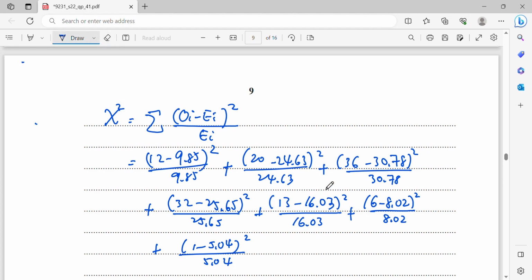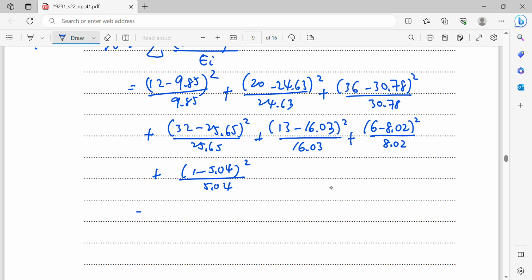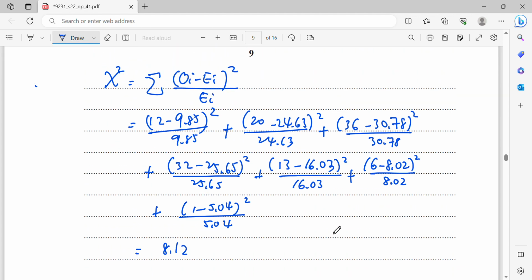Okay, so here you will get the total of 8.12. So the chi-square is 8.12.